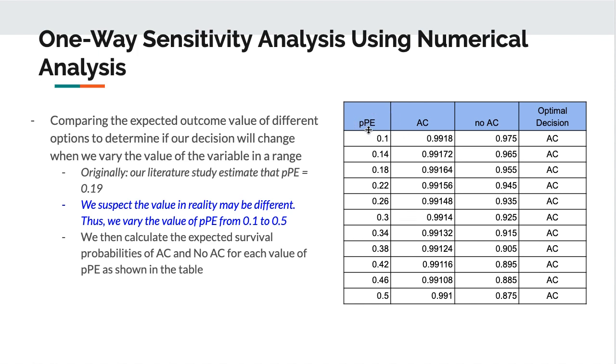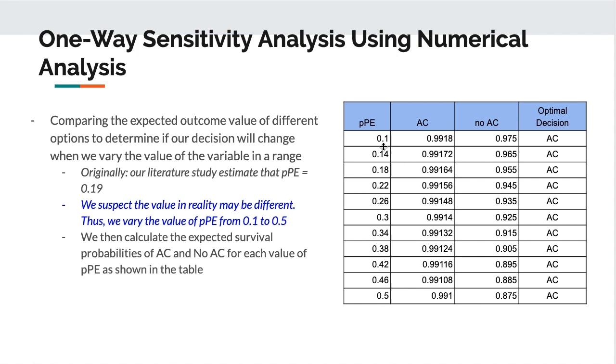In this one-way analysis, we assume that the plausible range of the value of PPE is from 0.1 to 0.5. And we're going to vary the value of PPE from 0.1 to 0.5. Here we're going to assume that the changing step equals 0.04, so the next two values are going to differ by 0.04.